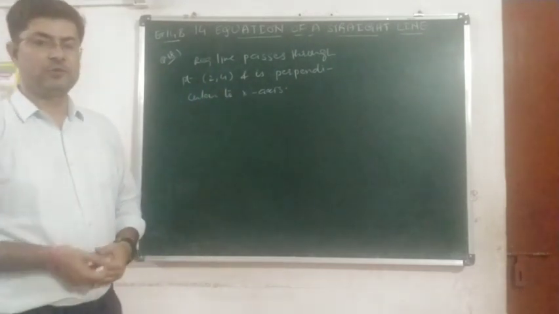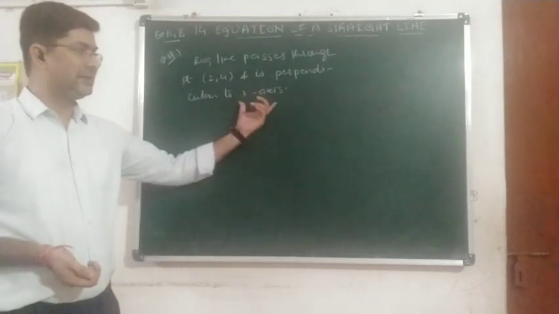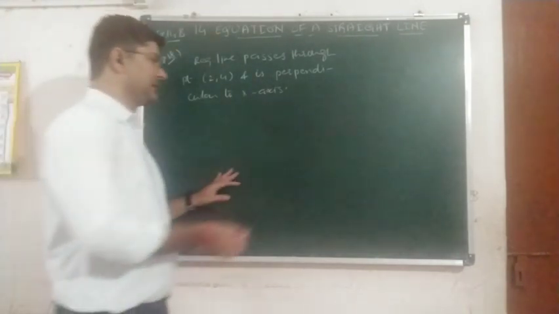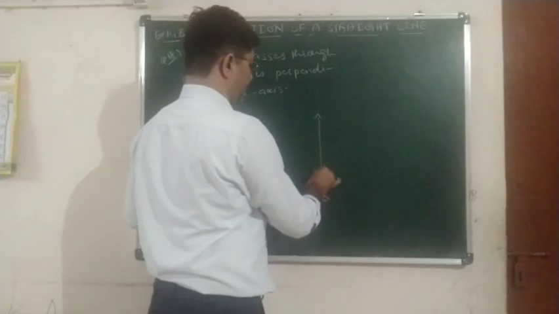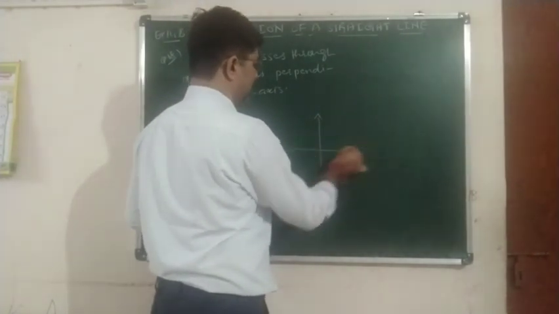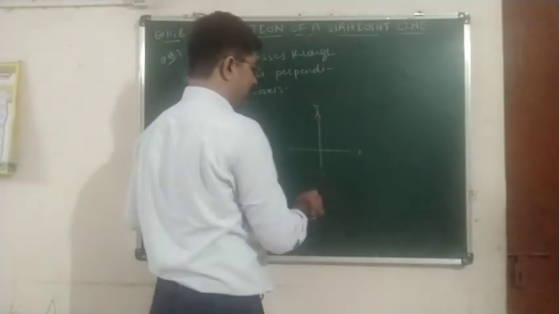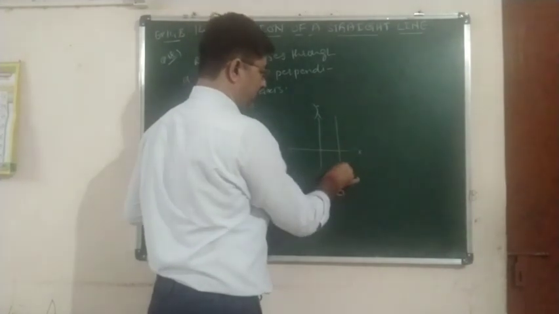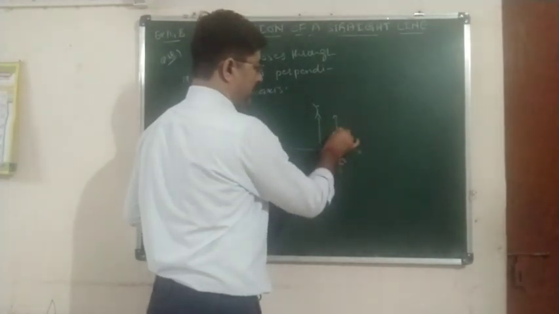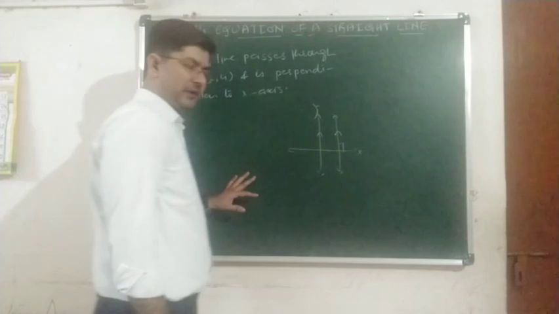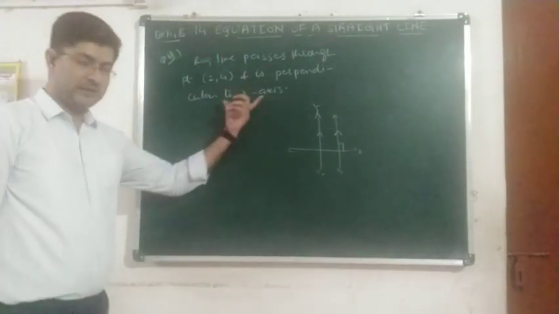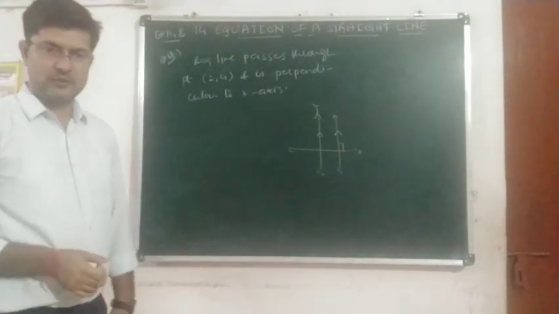In the other way, if you try to understand, we have x-axis and y-axis. If any line is perpendicular to x-axis, it means what? It is parallel to y-axis. Yes or no? So it is given that the required line is perpendicular to x-axis.